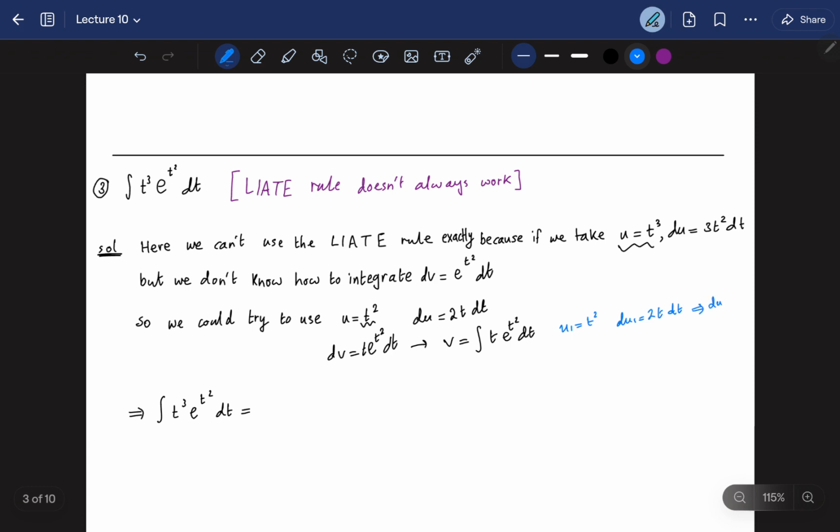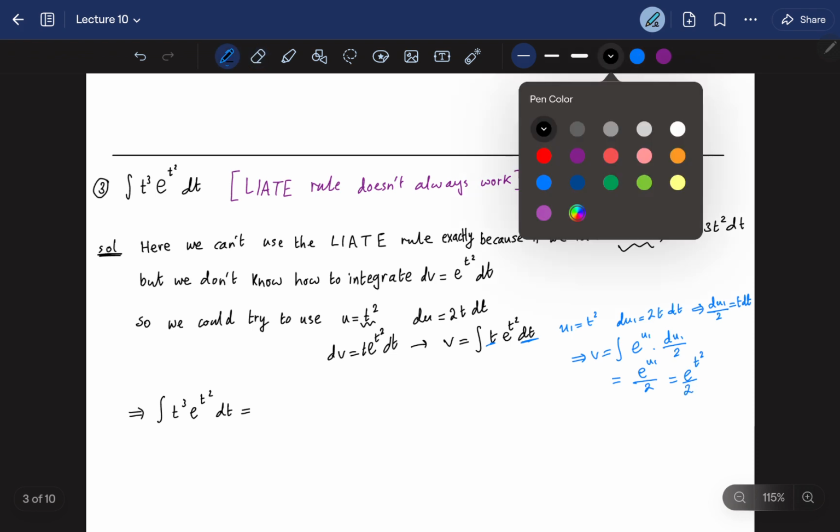Then your du1 over 2 is just t dt, which is what we have here. Then, if you apply the substitution, you're going to get e to the u1 times du1 over 2, and you can integrate it easily. This is just e to the u1 over 2 plus c, but we said we don't have to write plus c here. So this is just e to the t squared over 2.